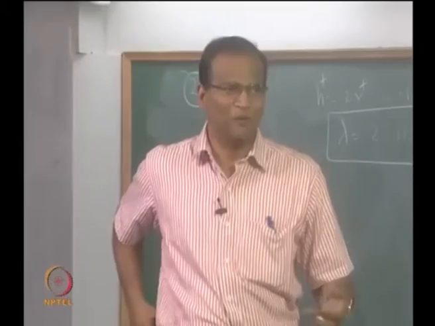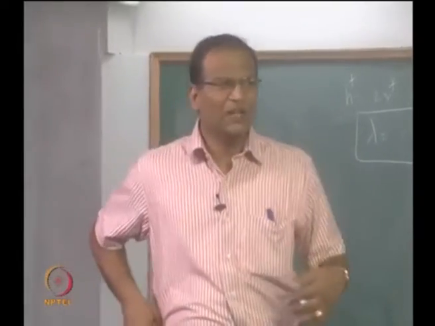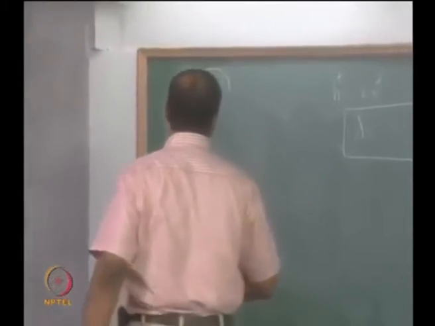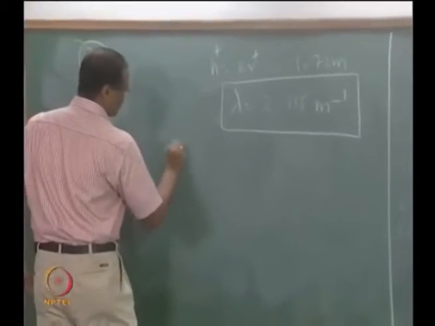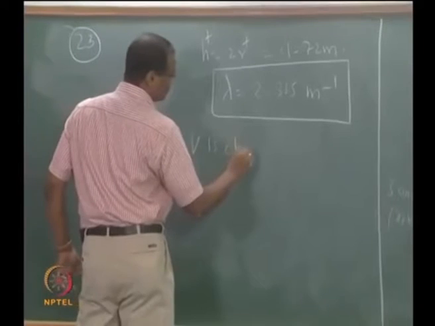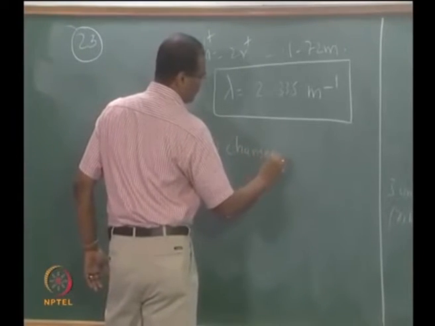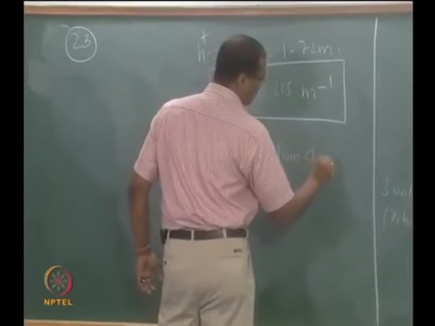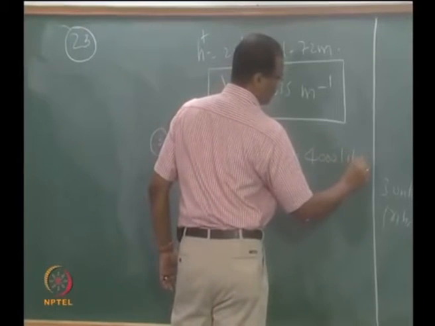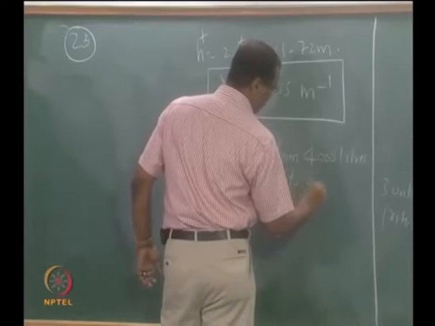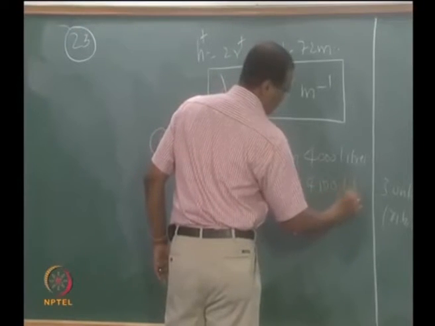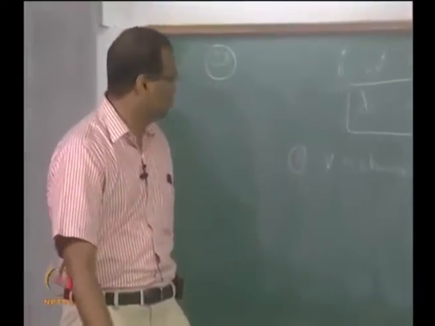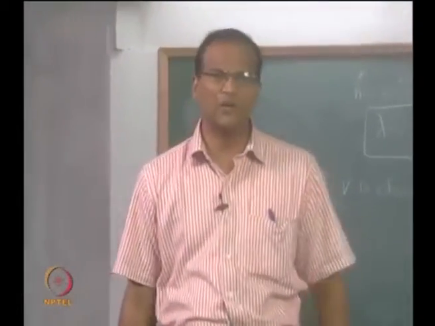I am not giving problem number 25. 24b, suppose we change, okay. So, V is changed from 4000 liters to 4500 liters, what happens to the solution?